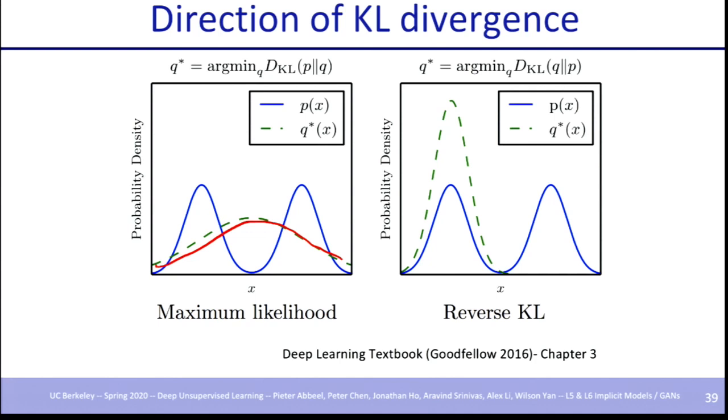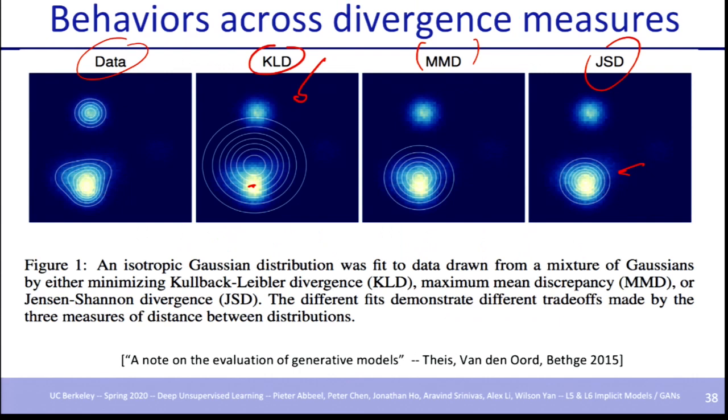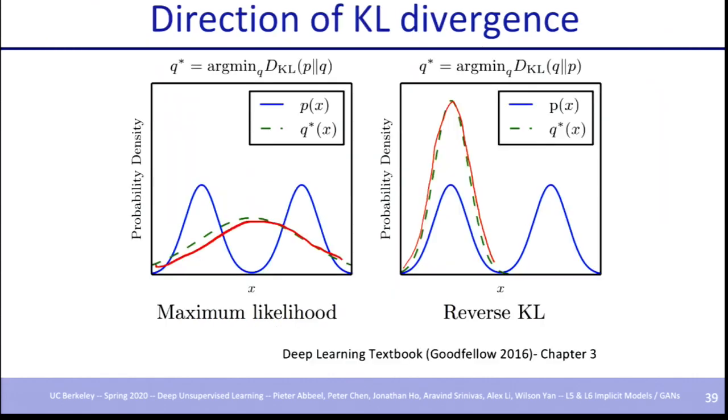But the reverse KL will actually find this thing over here. It has a higher score for focusing all on one mode rather than spreading out equally over both modes. Now, the Jensen-Shannon divergence is not exactly reverse KL. It's something in between reverse KL and forward KL. So it's not zoning in on the mode as much as a reverse KL would, but it'll still have that property of liking to zone in on it.